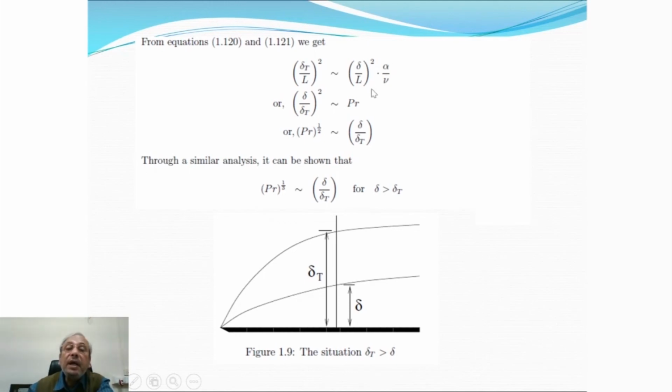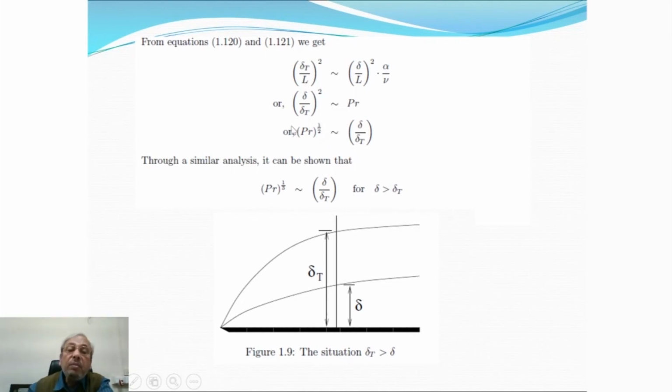And from here we can easily write delta by delta T square, that means velocity boundary layer by thermal boundary layer square, is of the order of nu by alpha, and nu by alpha is the Prandtl number. So we can clearly see, if we bring delta T this side, delta by delta T square becomes of the order of nu by alpha. It is proportional to the Prandtl number.